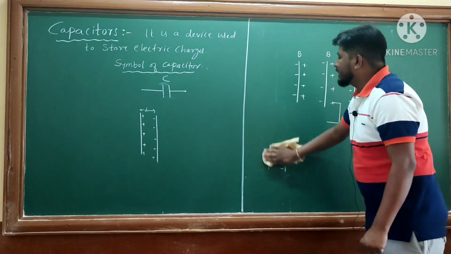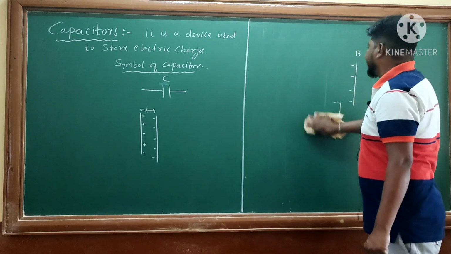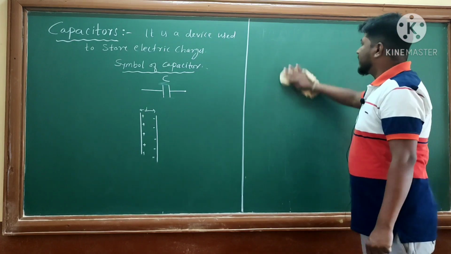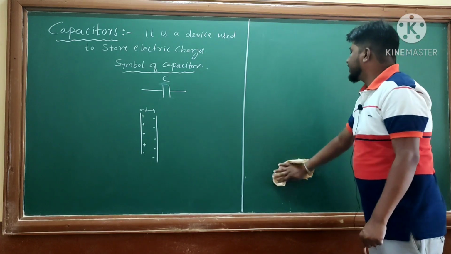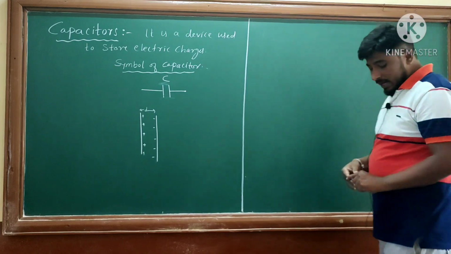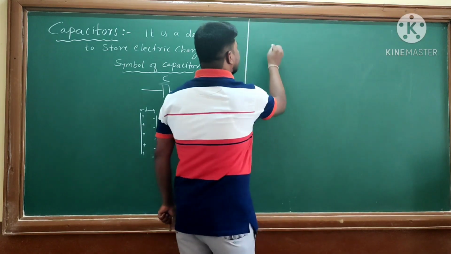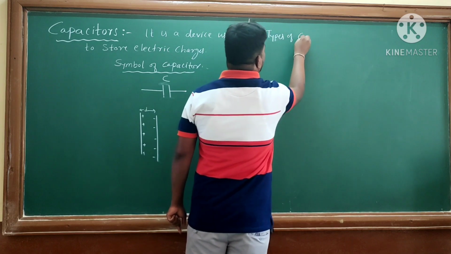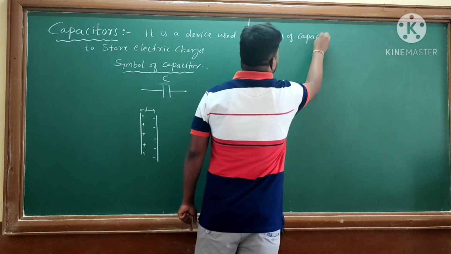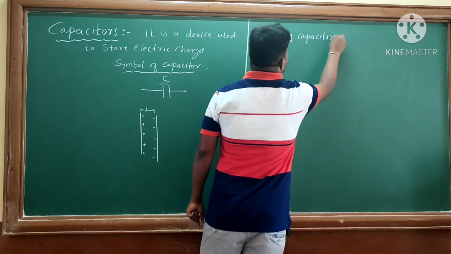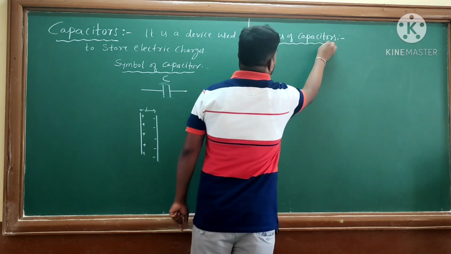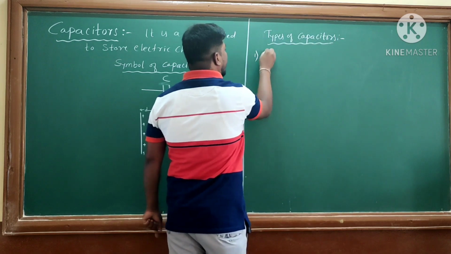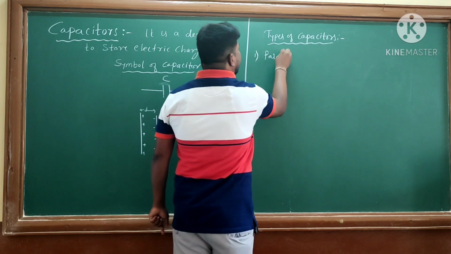So now there are three types of capacitors. Here I write the types of capacitors. One, parallel plate capacitor.